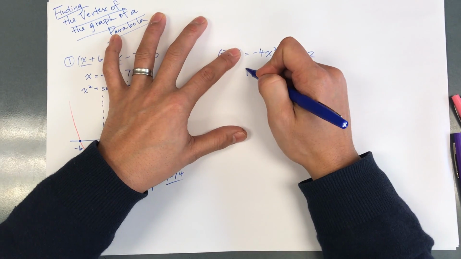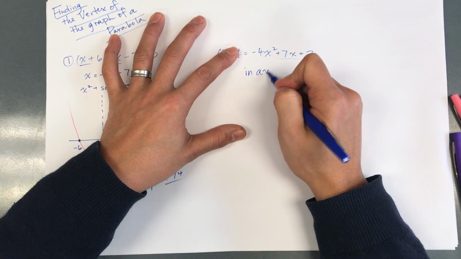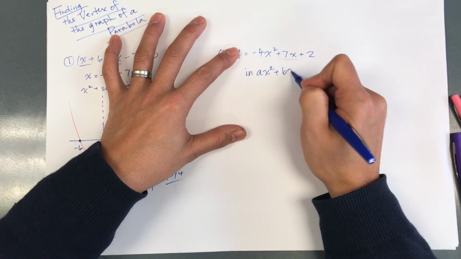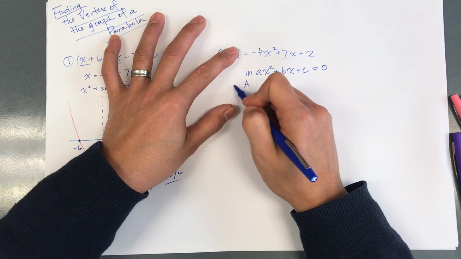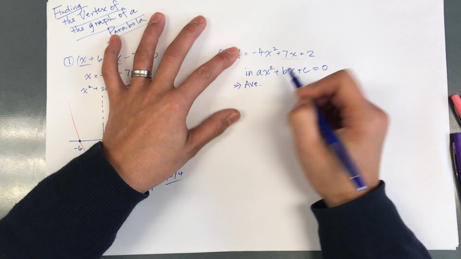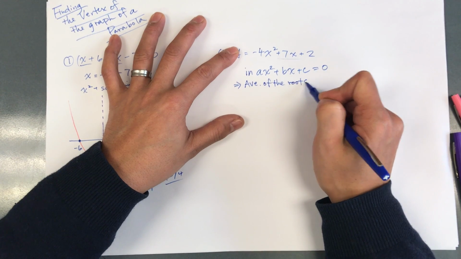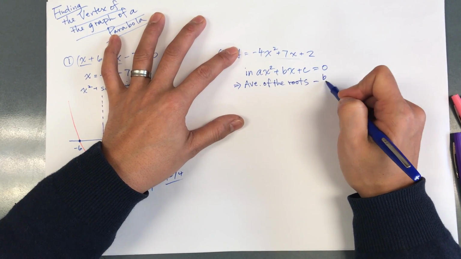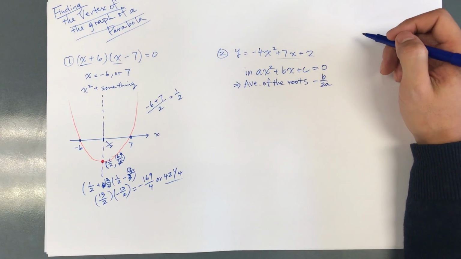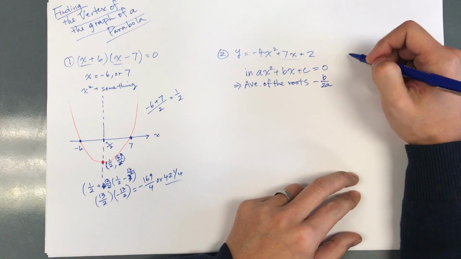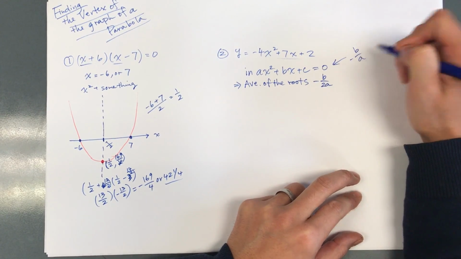In ax squared plus bx plus c equals 0, which we call standard form, the average of the roots will be negative b over 2a, the opposite of b over 2a. That comes from the sum of roots theorem from the previous video, where the sum is the opposite of b over a.